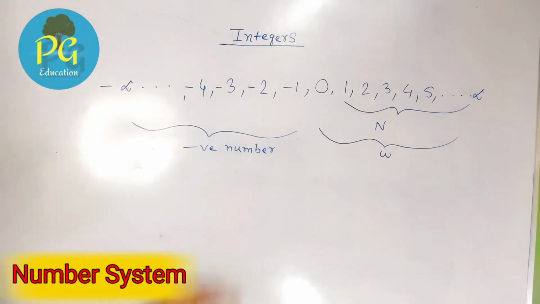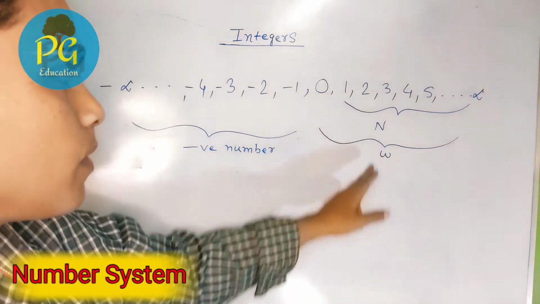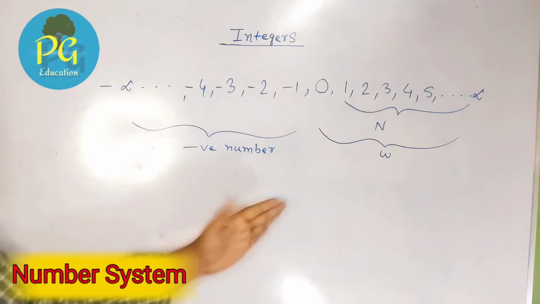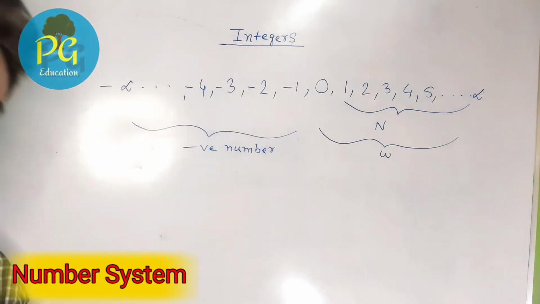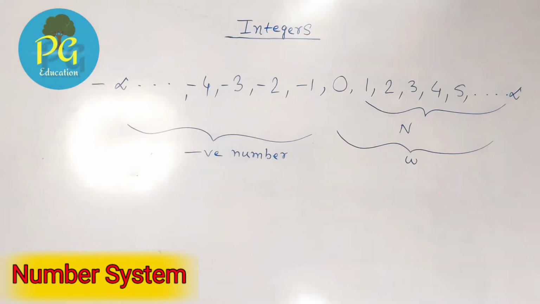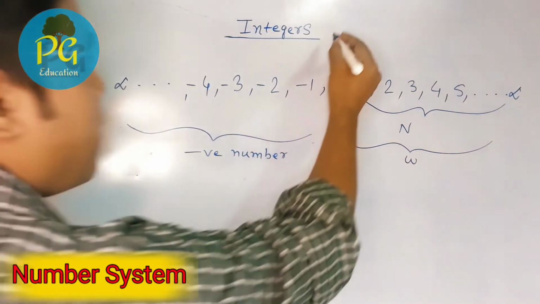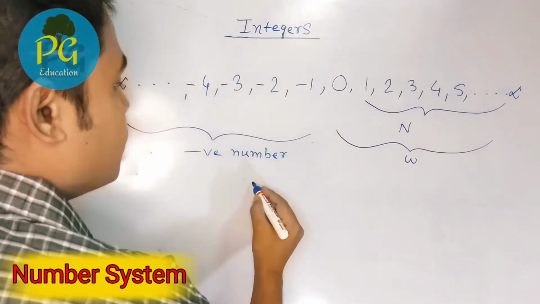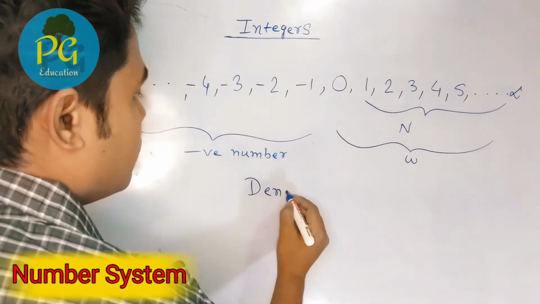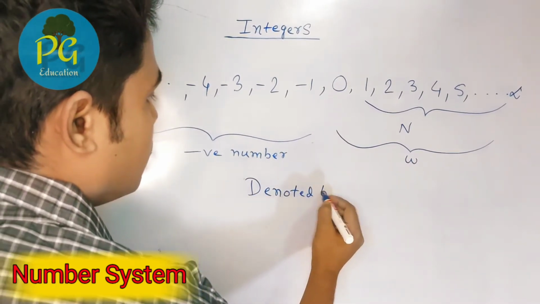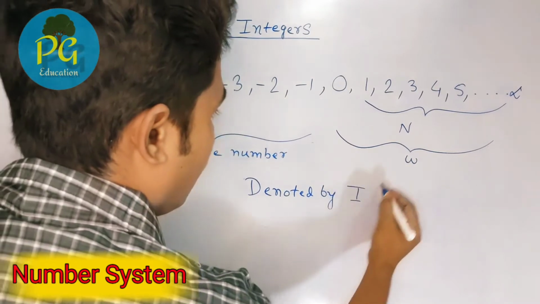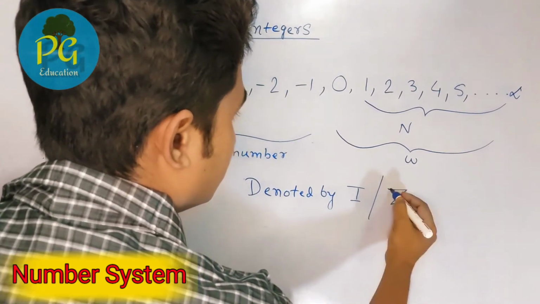So natural numbers, whole numbers and negative integers are included in integers. Another thing is that integer is denoted by capital I or capital Z.